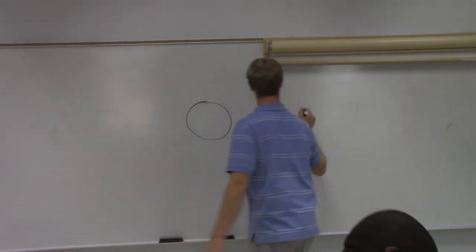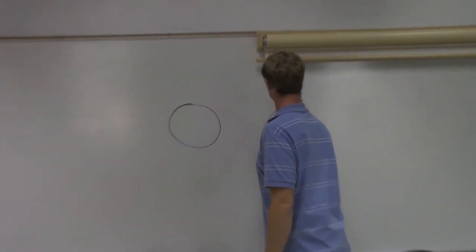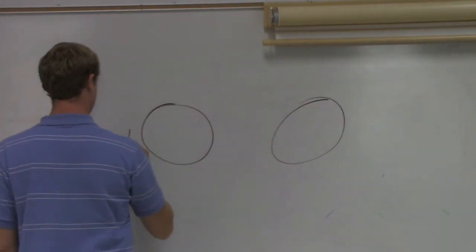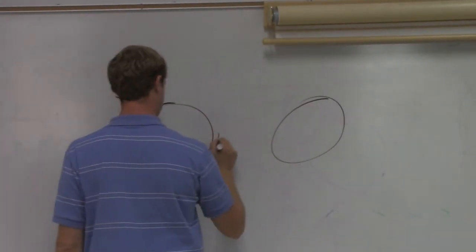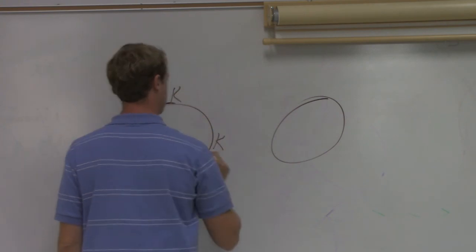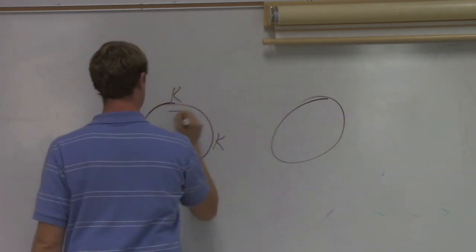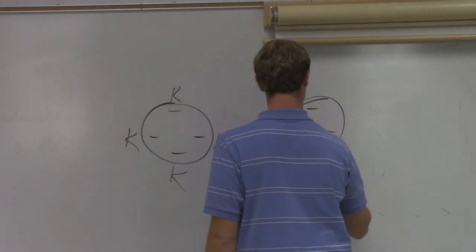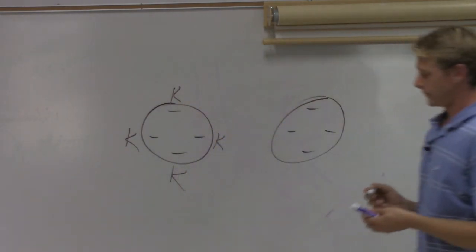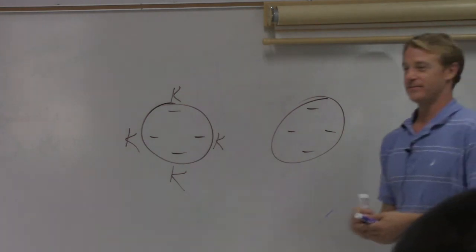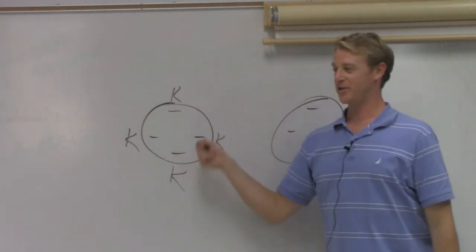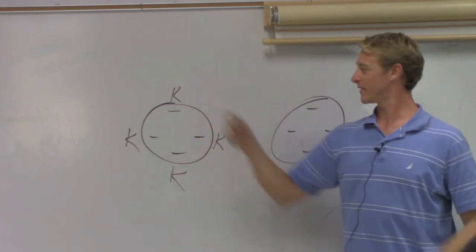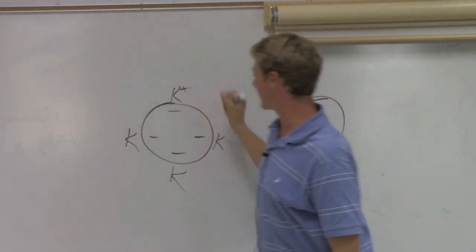Colloid. You have a colloid. It has a negative charge, right? Bunch of negative ports. And you have Ks, which are positive, right?